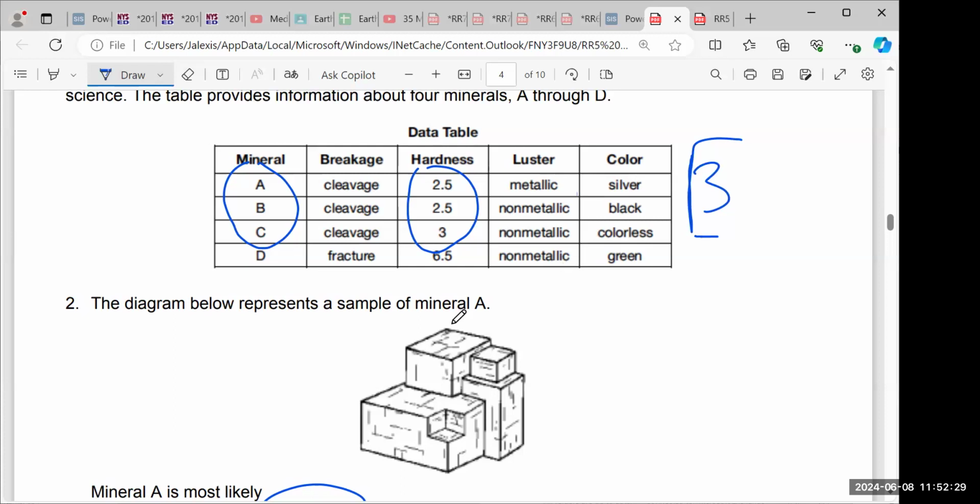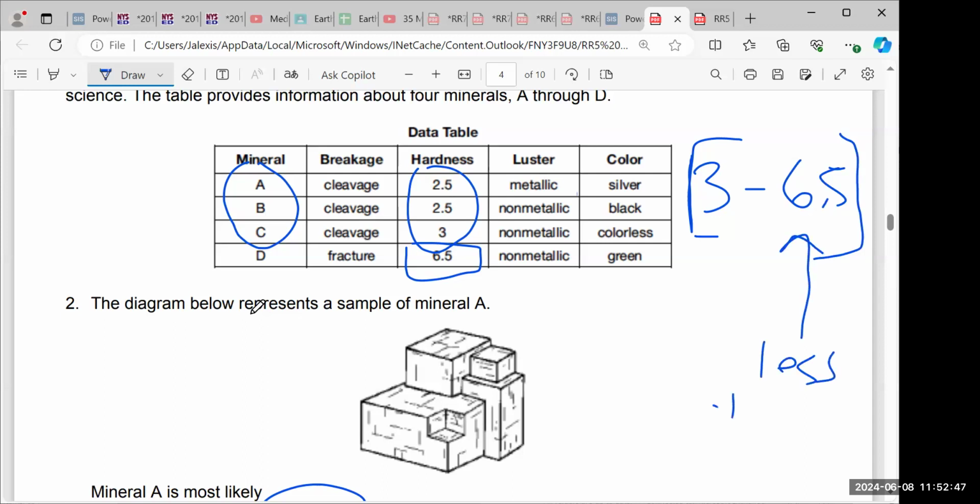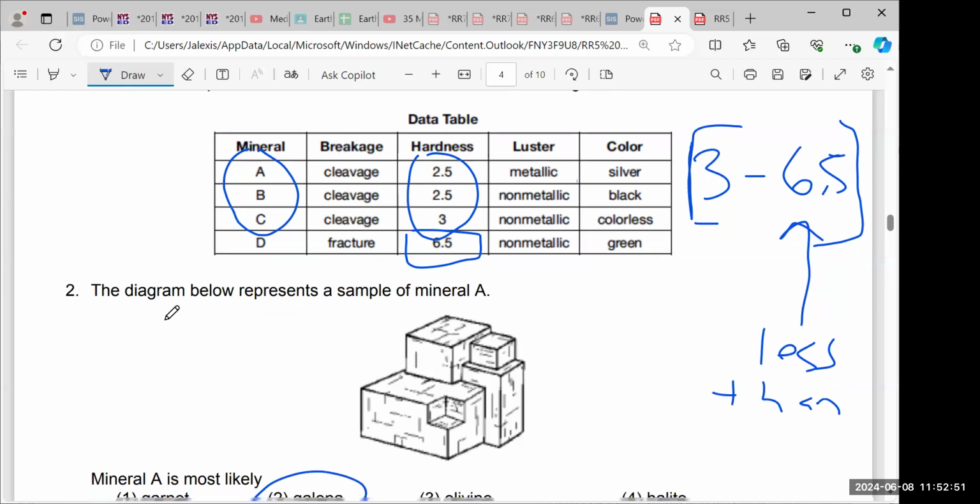All right. And then it says you cannot scratch D. So I need to find a hardness that is equal to 3 or greater, but less than 6.5. Right? So it has to be less than 6.5.